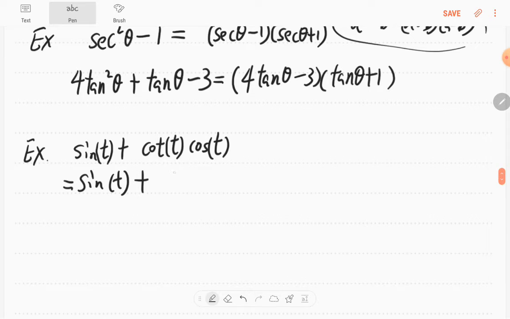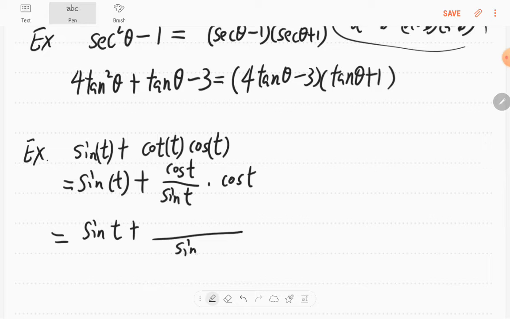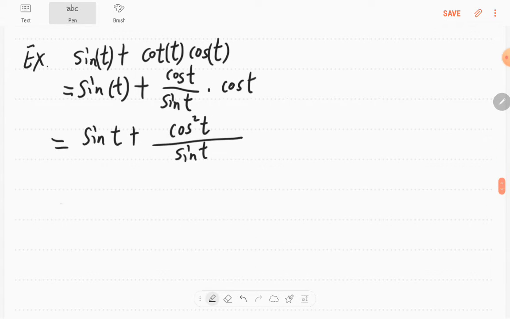So this is the cosine t over sine t times cosine t, right? So it becomes sine t plus this is cosine squared t, right? So we have the common denominator sine t.